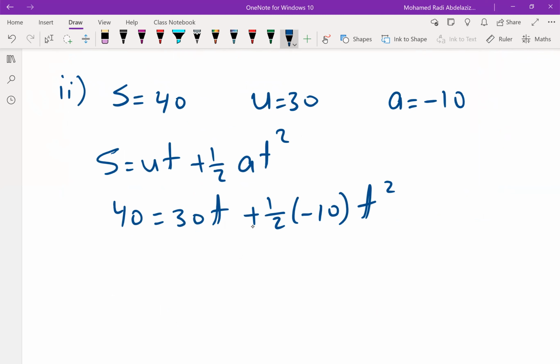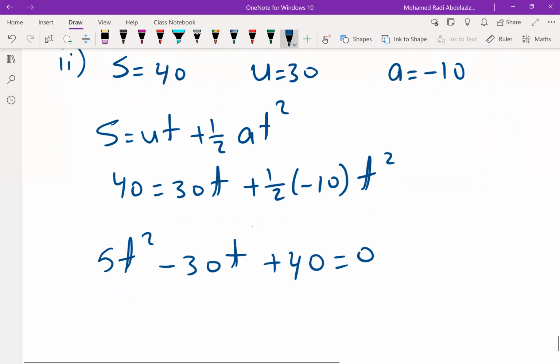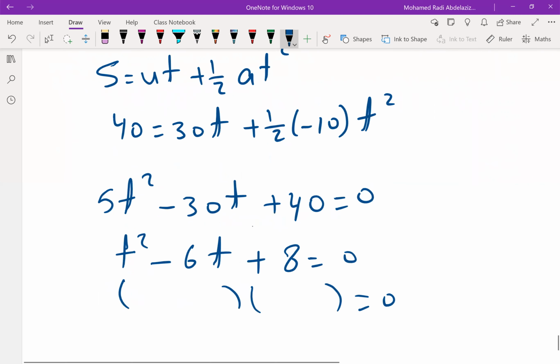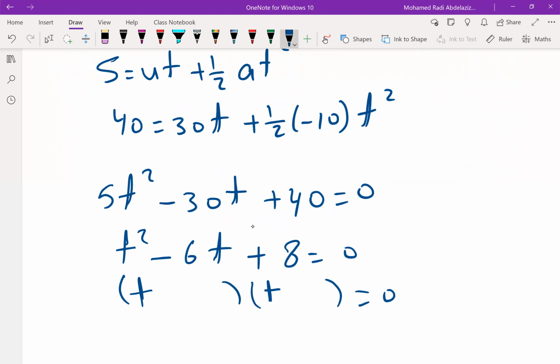Simplify this equation and it will be 5T squared minus 30T plus 40 equals 0. You can divide it by 5, so T squared minus 6T plus 8 equals 0. By using the factorization method, you can find the values of T: T minus 2 times T minus 4. So the first time is 2 and the second time is 4.